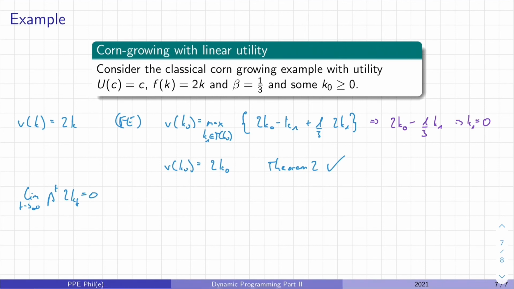Okay, so the lower bound of k is 0, so it's obviously true for the lower bound. But what about the upper bound? What is the upper bound here?